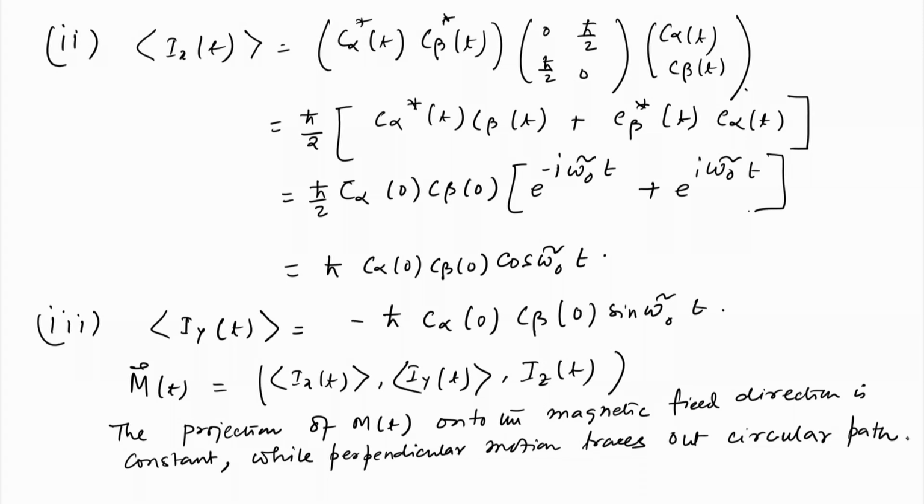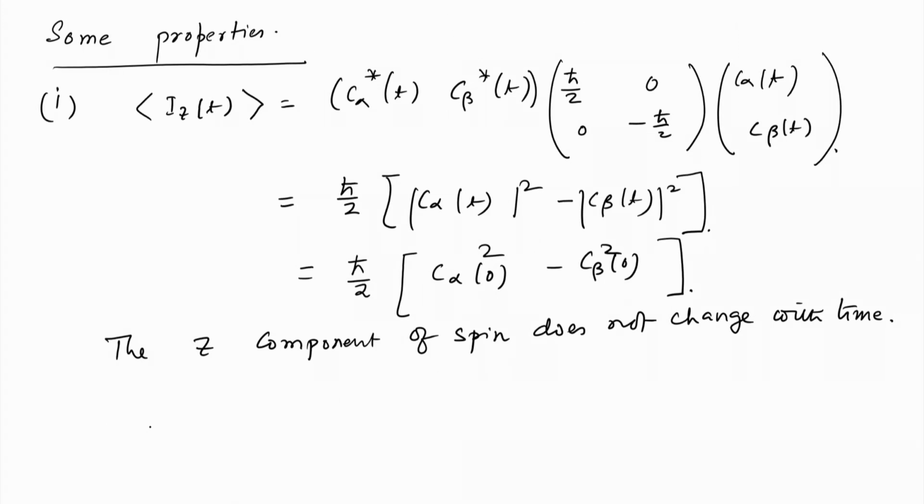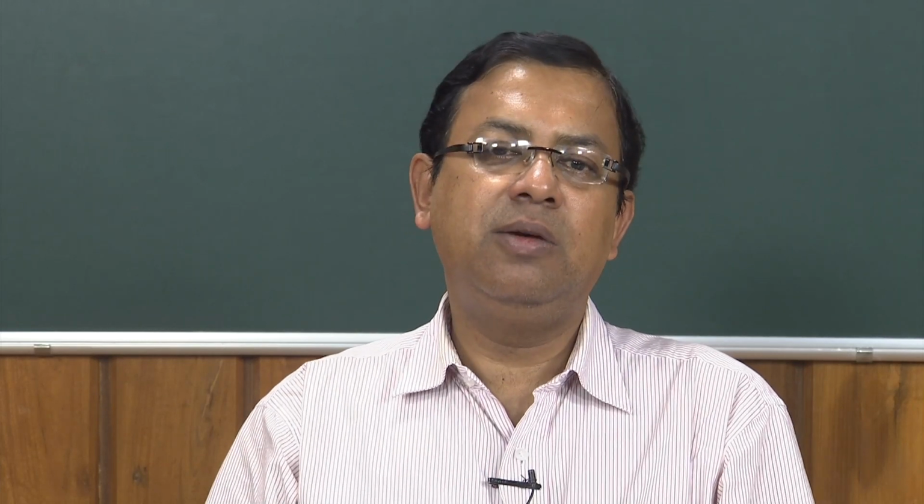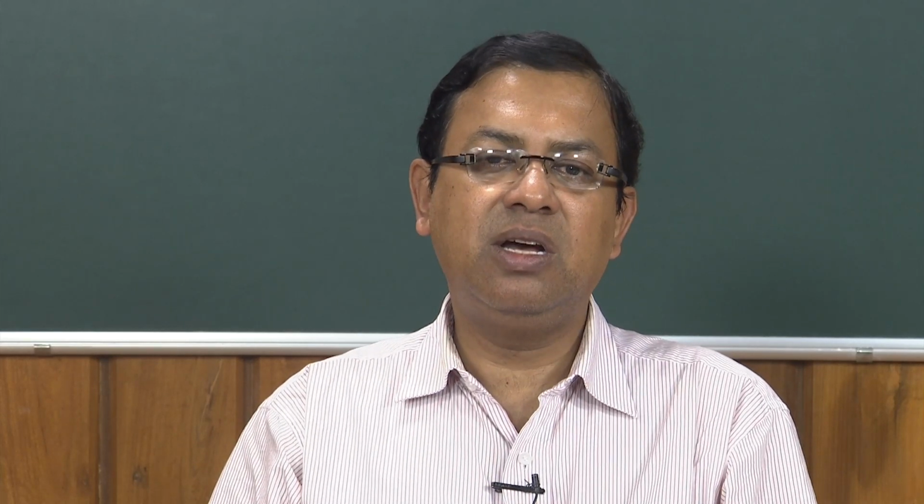Okay. So, just have a look at it once more. The Iz is independent of time, it is a constant. The Ix goes as cosine ωt and the Iy goes as sine ωt. Omega means the ω̃₀, which we are talking about as the shielded Larmor frequency. So, this is basically the pulsed NMR.